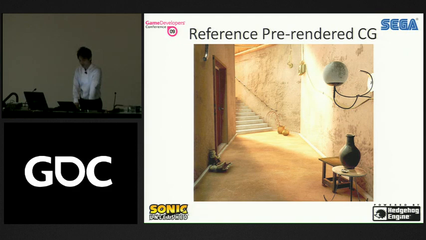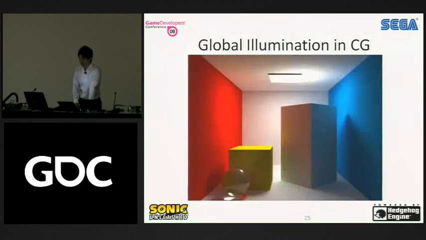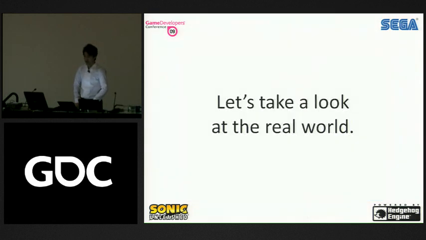The light is reflected off the wall, and the other side is lit, as you can see here. This is another example. Various light is reflected off the surface and then lights other objects. For example, you can see yellow light on the blue wall, as you can see here.